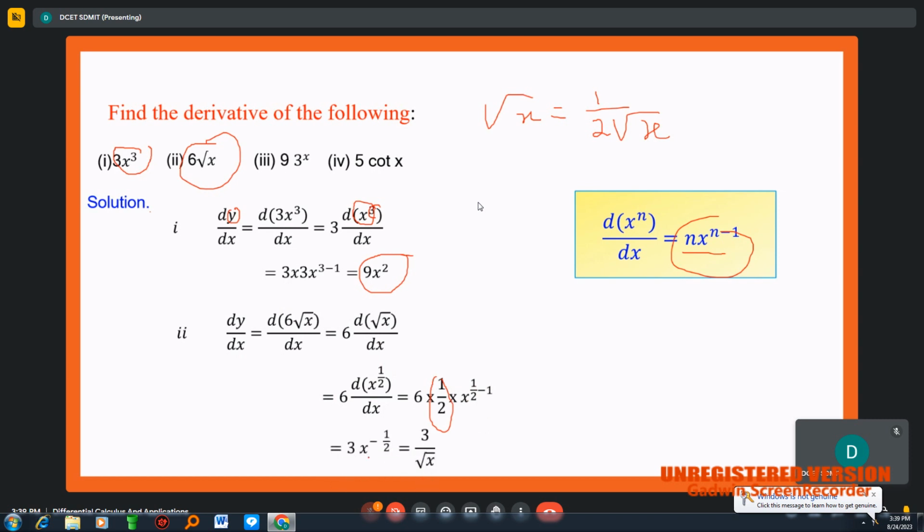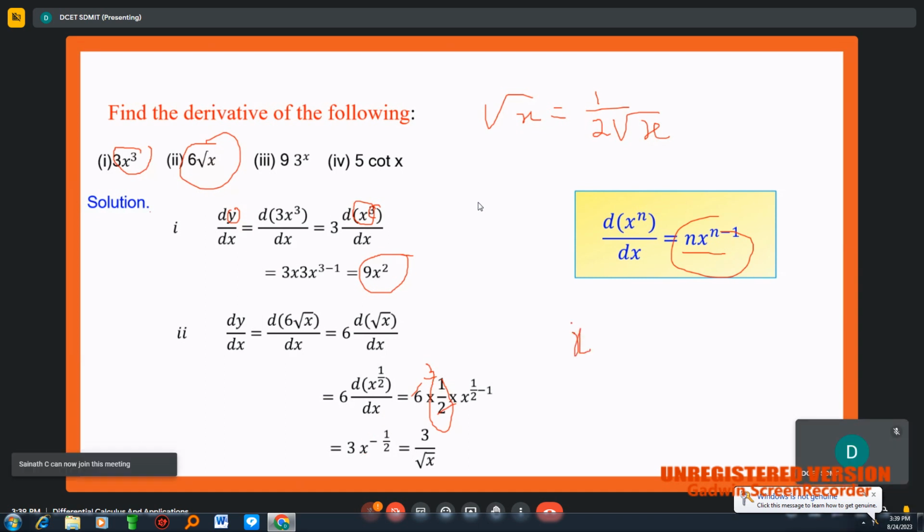This is nothing but 3 into x to the power of 1 by 2 minus 1, since 2 ones are 2, 3s. 1 by 2 minus 1 is minus 1 by 2. Therefore, 3 into x to the power of minus 1 by 2.